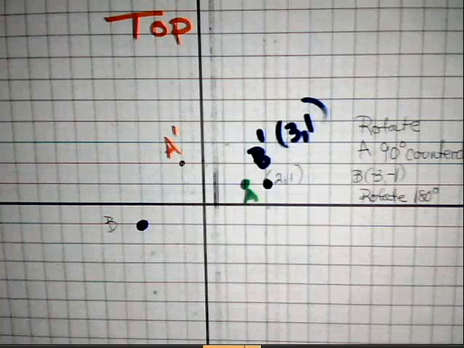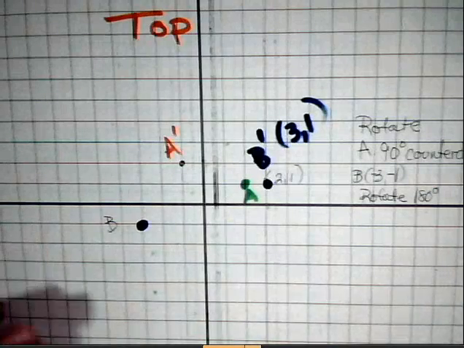Now, you can do this with a whole figure. Let's say that we have a little figure here. Again, label your top.